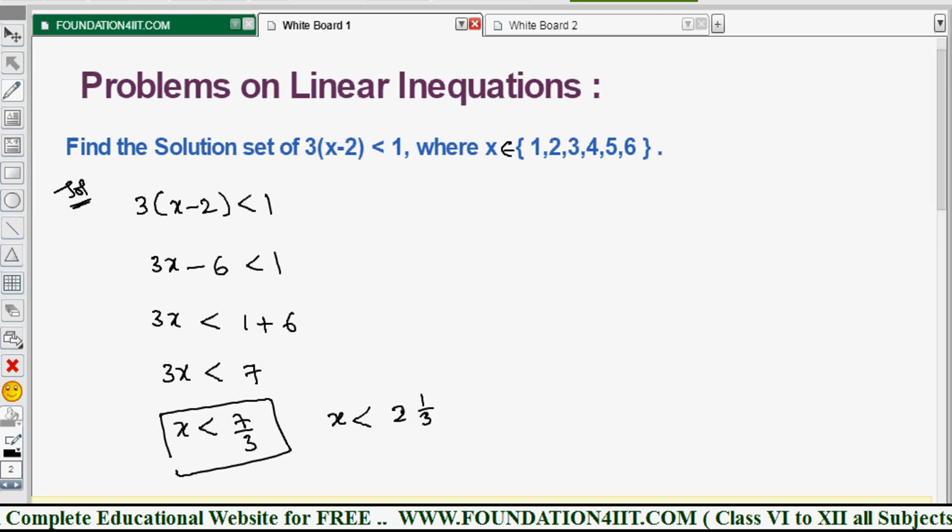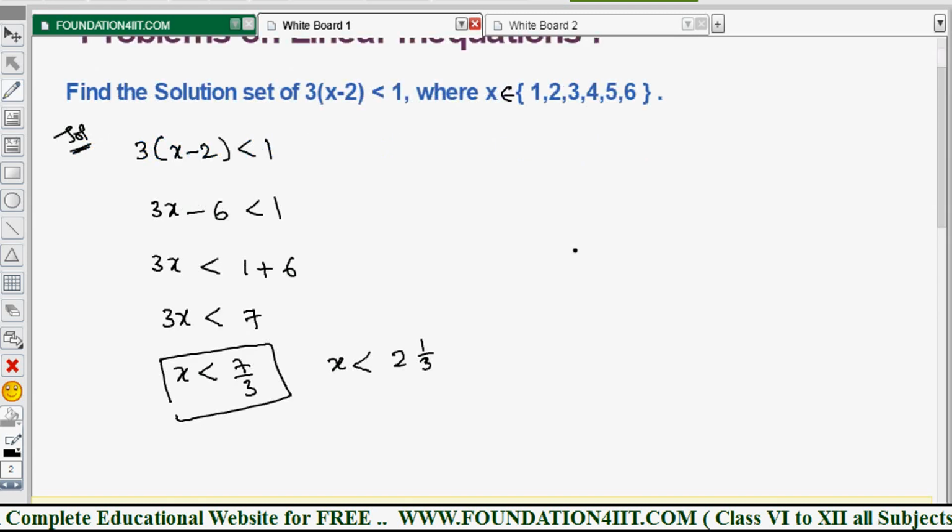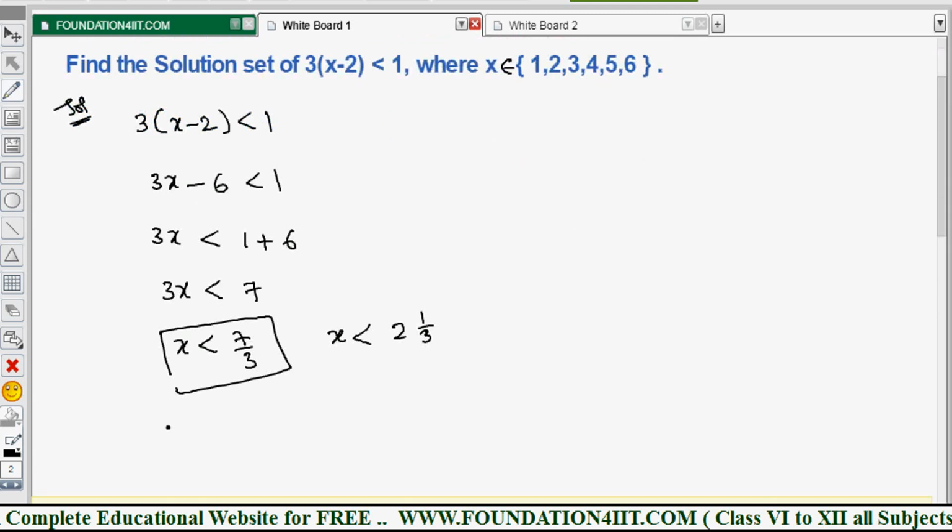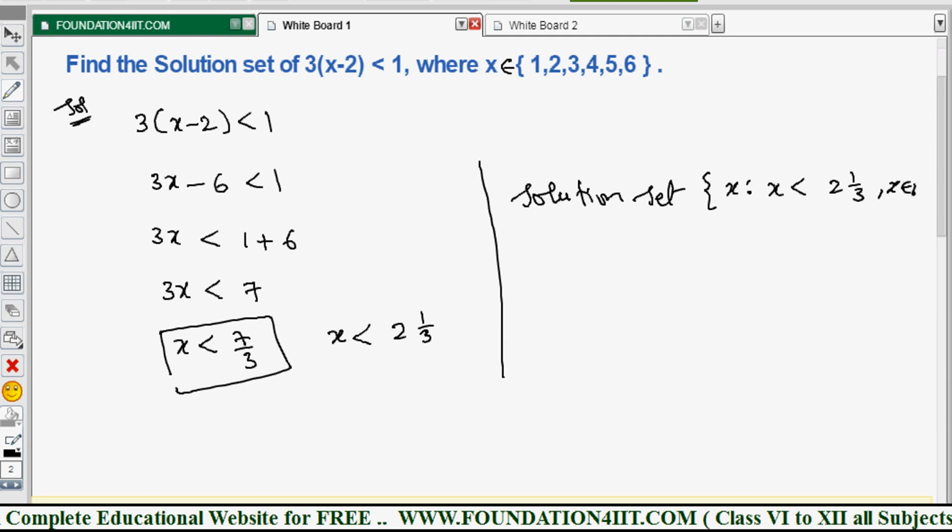So 2 point something, that means 2 1 by 3. Now here x belongs to only 1, 2, 3, 4, 5, 6. So from that we can write the solution set: x such that x is less than 2 1 by 3 and x belongs to a, where a is equal to 1, 2, 3, 4, 5, 6.